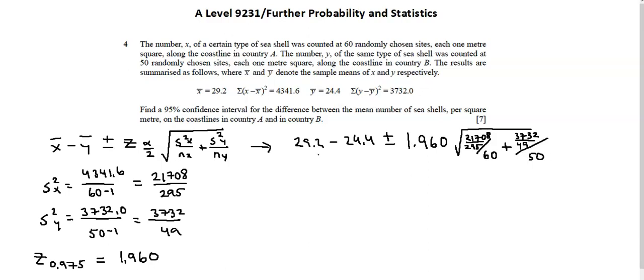Before finalizing, I'll do one more simplification, which is this difference in means over on the right, 29.2 minus 24.4, is 4.8. And I want that simplification so that when I get my low and high values, the low end of the range, the high end of the range, I can see whether they're reasonable.